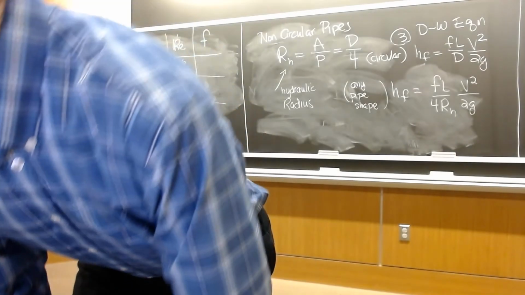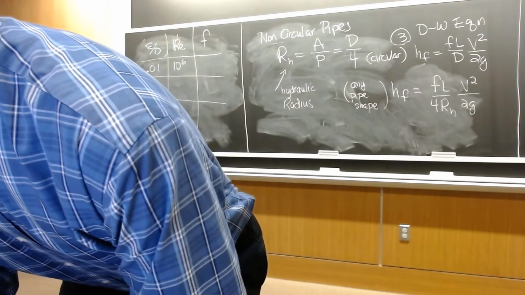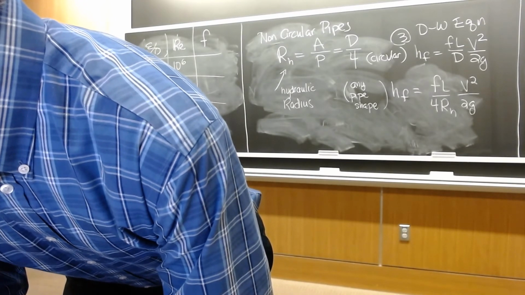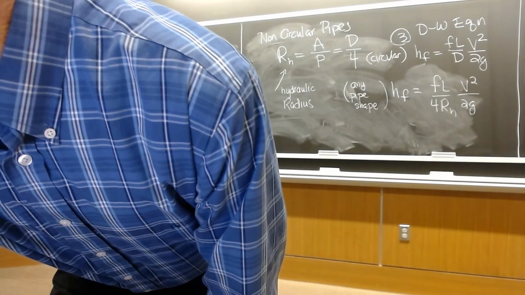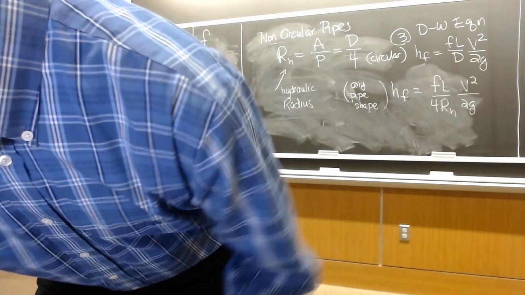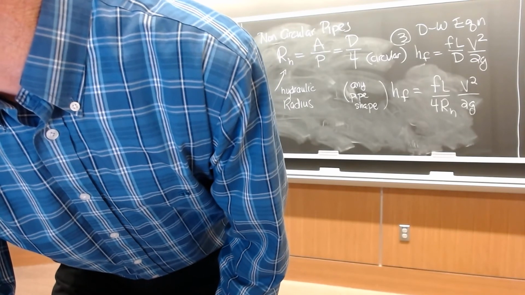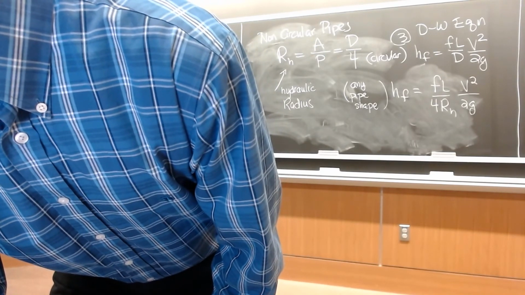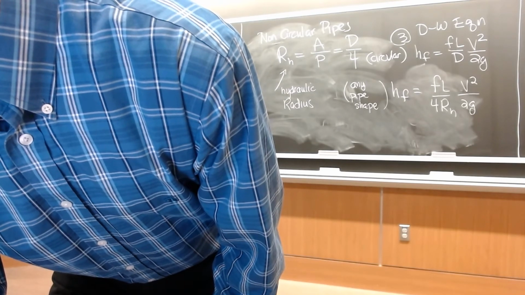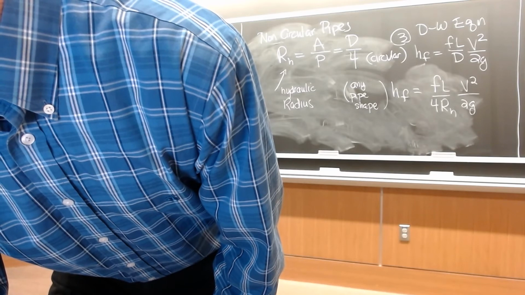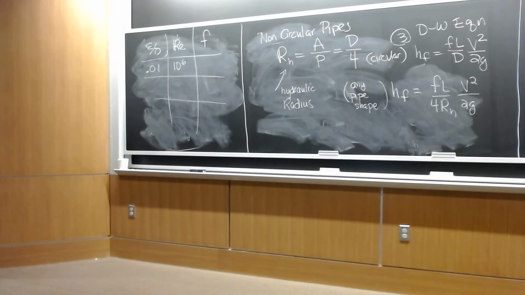I will come forward, find 0.01, and 10 to the 6th, and put the pointer right there. I'm going to do the same thing on this.